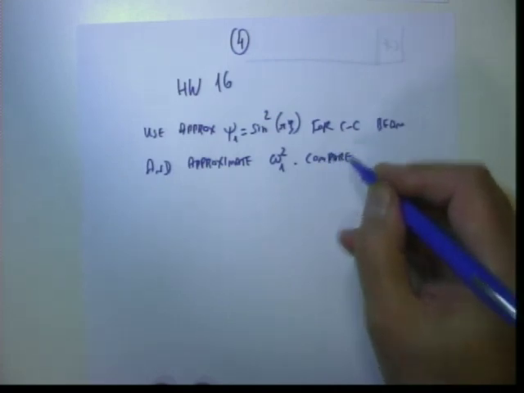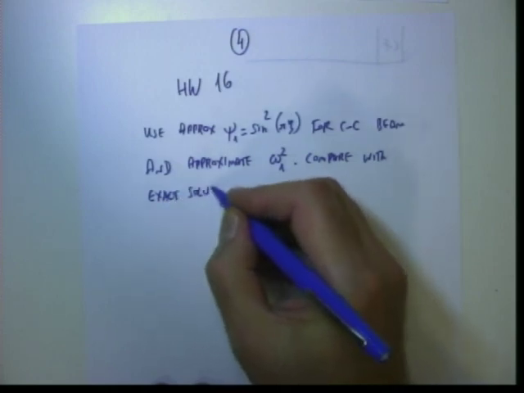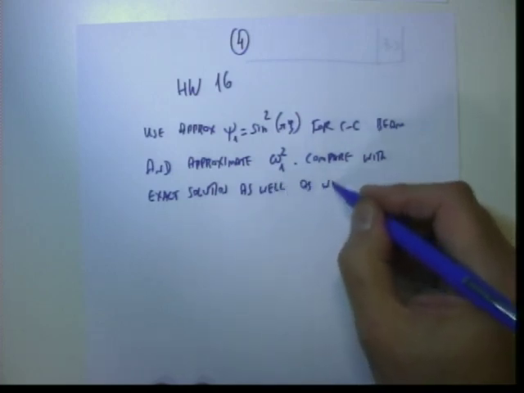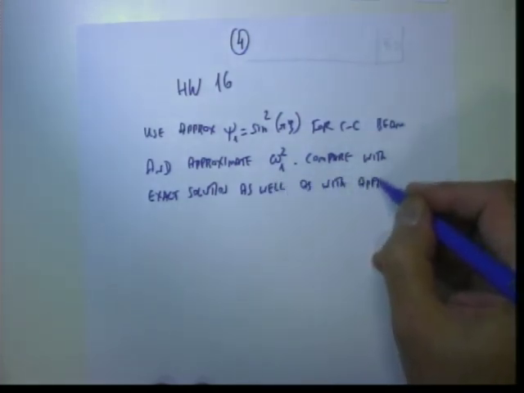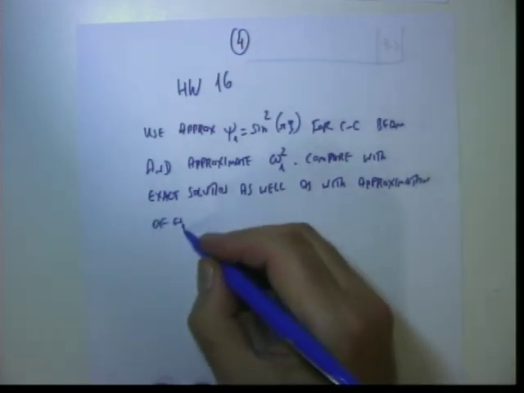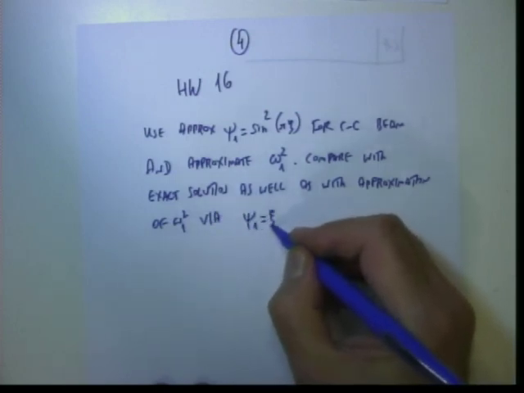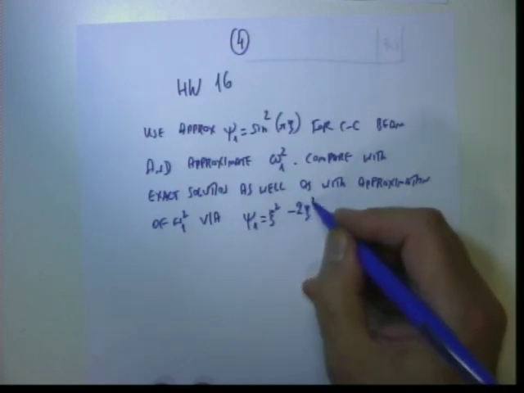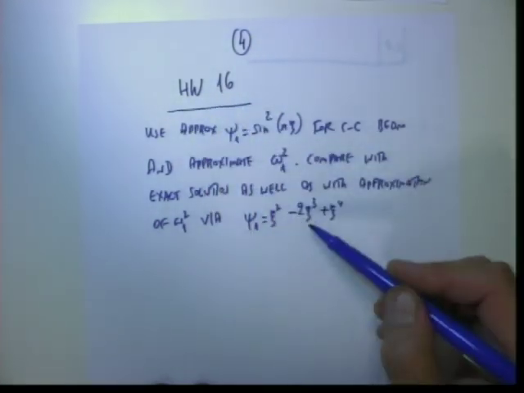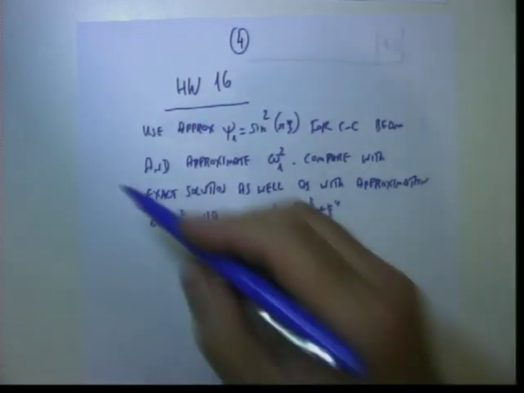Compare with the exact solution, as well as with the approximation of omega1 square via psi1 equals psi square minus 2 psi cubed plus psi in fourth power. This part was done by you already, this last part. But you will just do a comparison. So that is the first part.